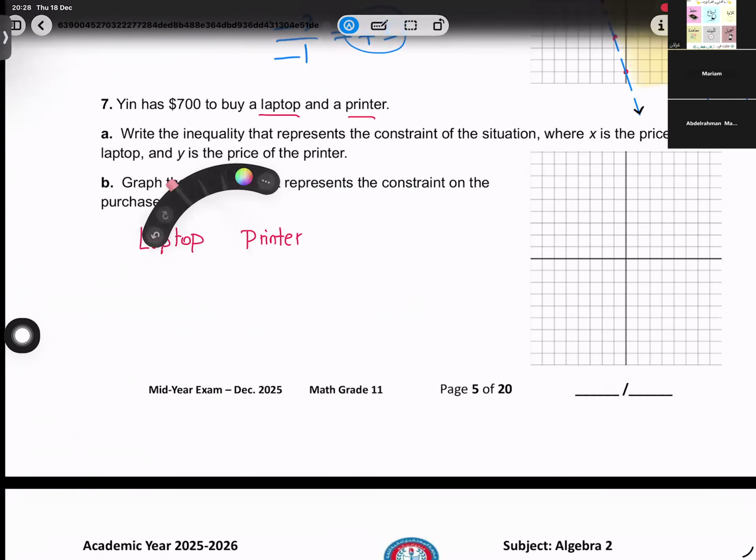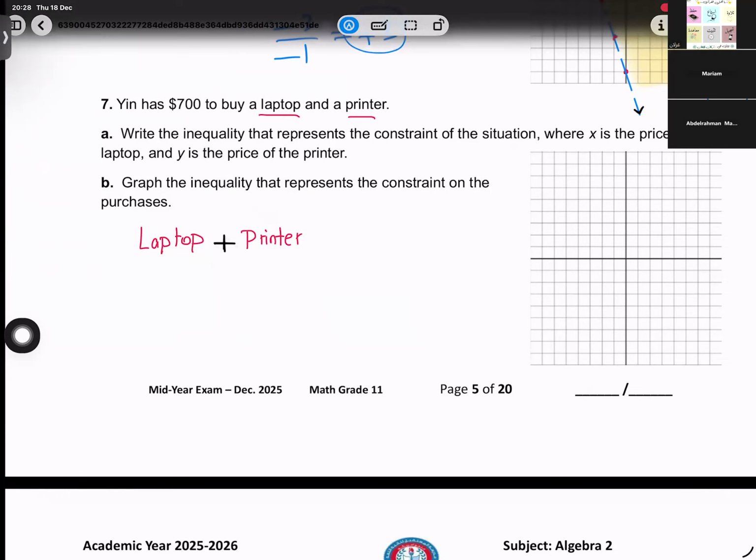Maybe you need to split it, divide by 2, so each of them is 350. Maybe, for example, laptop 300 and printer 400, or 200 and 500, or maybe 600 and 100. There are a lot of assumptions, but we can say that both of them must not exceed 700.